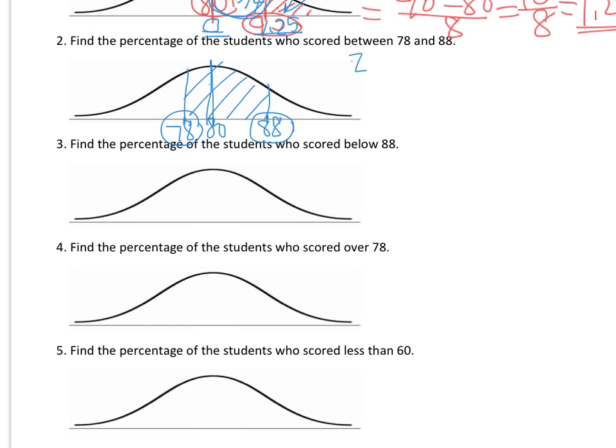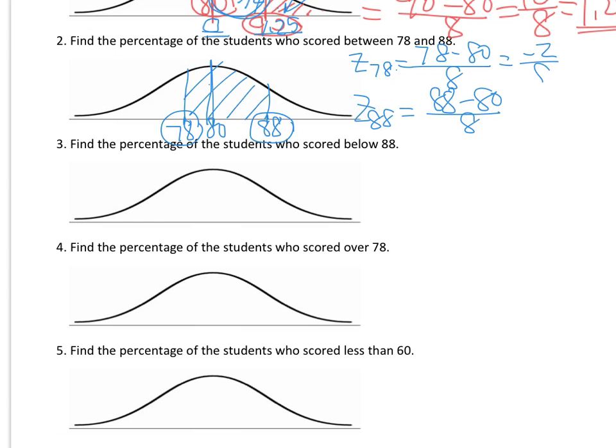We say z for 78 is going to be 78 minus 80 divided by 8. And z for 88 is going to be data value, subtract the mean, divided by standard deviation. And 78 minus 80 is going to be negative 2 over 8.